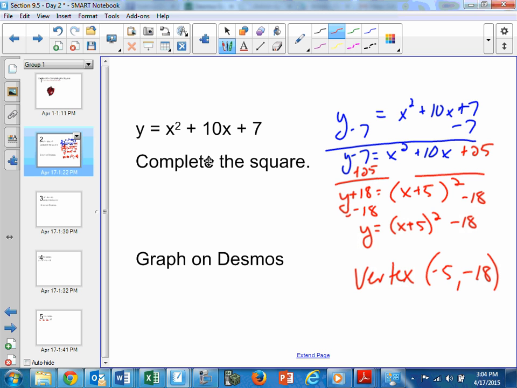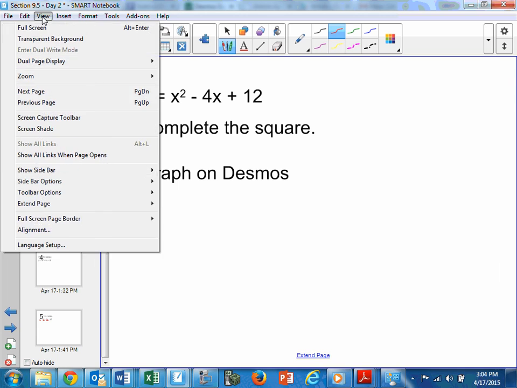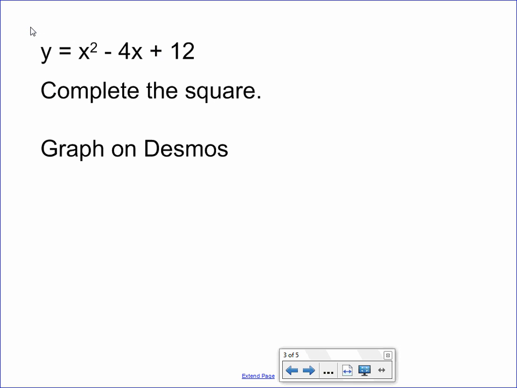Okay, with that in mind, let's try another one here. If I complete the square on this one, again I would start by subtracting the 12. So I've got y minus 12 equals x squared minus 4x. If I take half of the negative 4 and square it, I'd get a positive 4, so I'd add 4 to both sides.